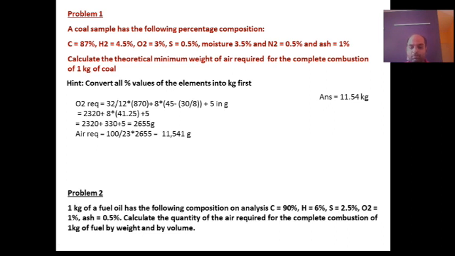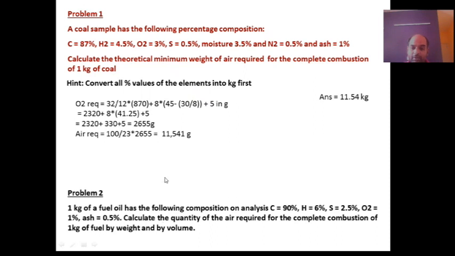Here is another problem for you to consider. 1 kilogram of a fuel oil has the following composition: 90% carbon, 6% hydrogen, 2.5% sulfur, 1% oxygen, ash 0.5%. Calculate the quantity of air required for the complete combustion of 1 kilogram of fuel by weight and volume.